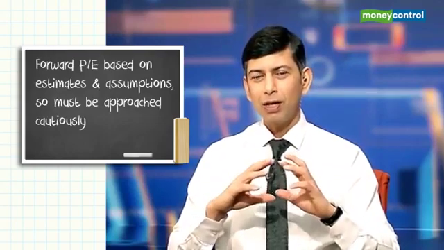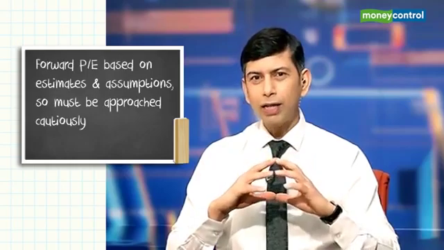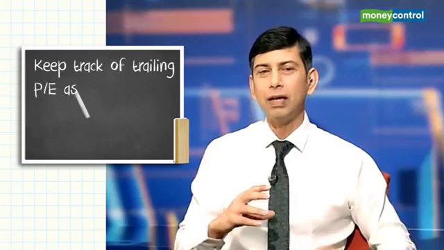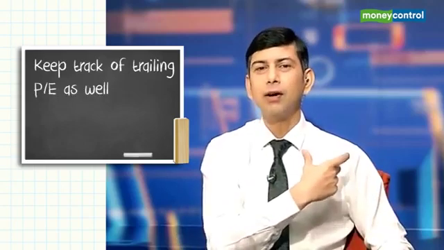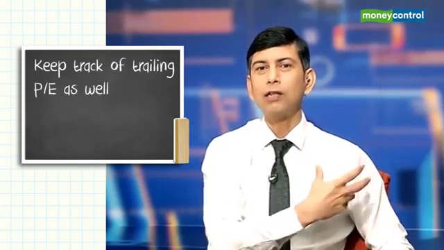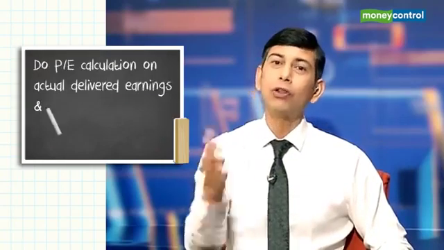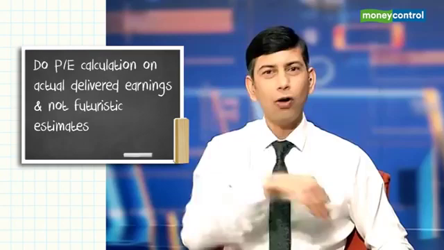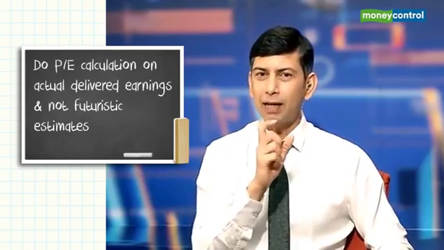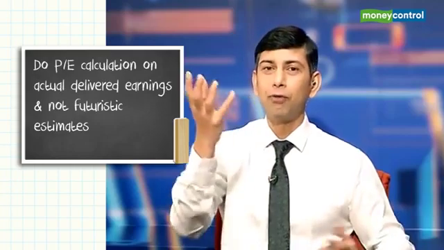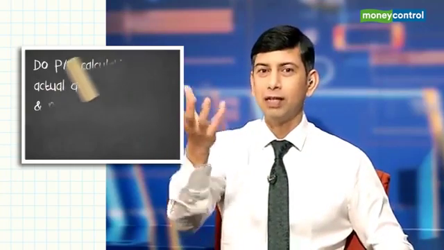So sometimes it is good to go against conventional wisdom and also keep an eye on the trailing PE, which is actual, realistic, real fact. What were the last 4 quarters' earnings? And you do the PE multiple calculation on that actual delivered earning, not a futuristic hope. That is something you need to keep at the back of your mind because that is real, and the future PE or the prospective PE is actually hope.